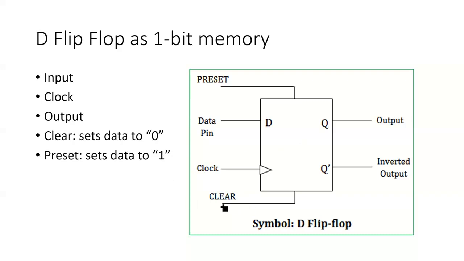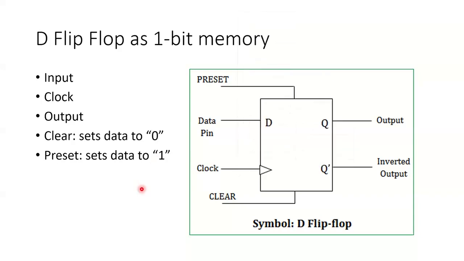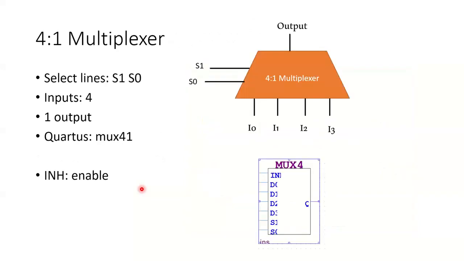Similarly, you have a clear. So if you press the clear, whatever is the data inside will get cleared and everything will be 0. And then you have a clock. So to make the data appear from inside the D flip-flop to the output, you need the clock pulse, right? So that is a normal D flip-flop which can store 1 bit.